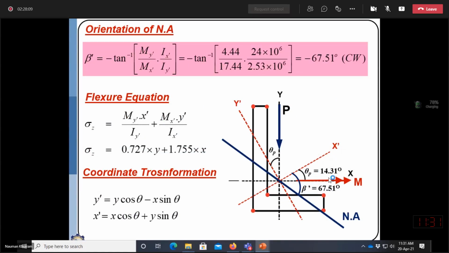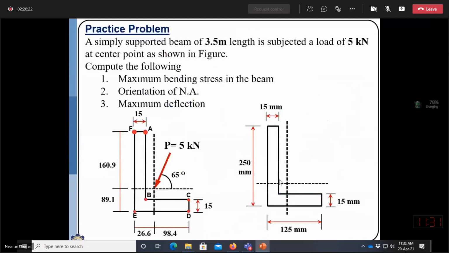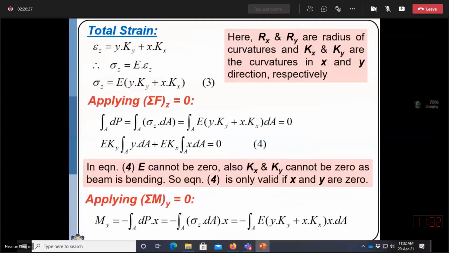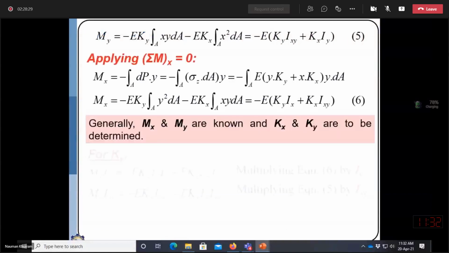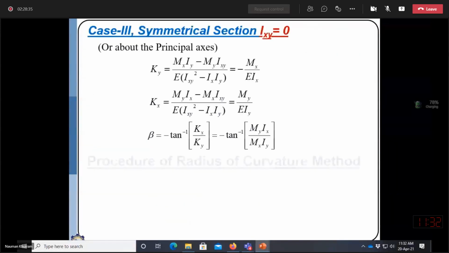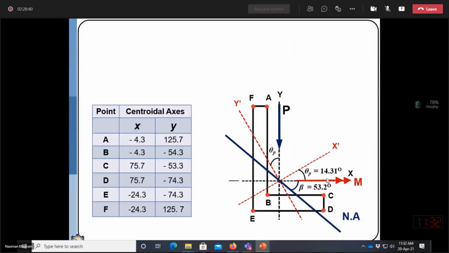If you subtract 14.31 from this value, you will have the angle from the centroidal x-axis, which is the same value, 54, that we determined by this radius of curvature method. So the angle is the same.